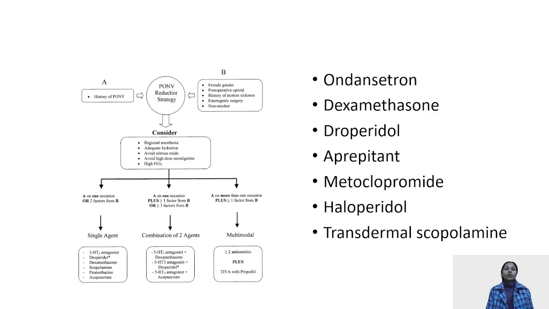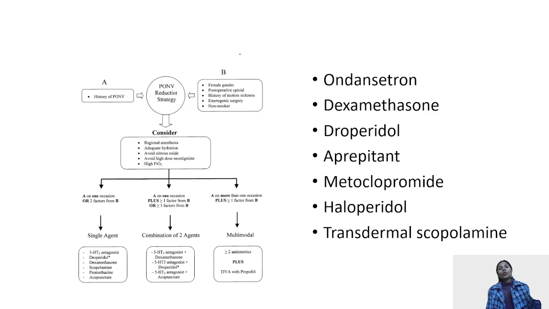We have a history of PONV, or could be the predisposing factors like female gender, opioids, nitrous, history of motion sickness, or they are non-smokers, or certain surgeries like the strabismus surgeries or the laparoscopic surgeries which are known to cause PONV.